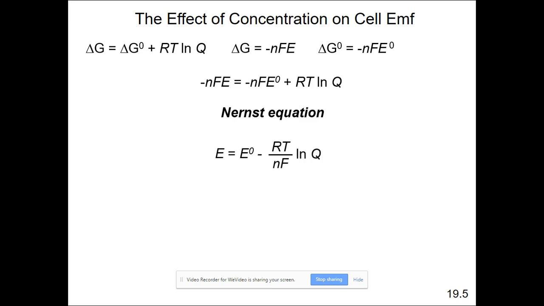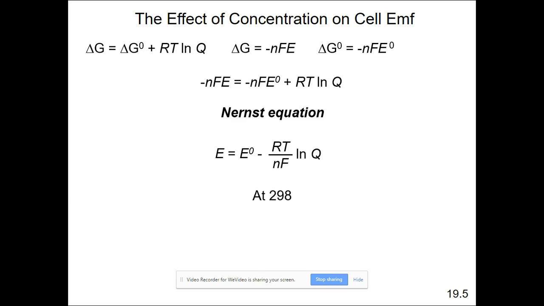It's saying that E is equal to E naught of the cell minus R times T over n times F times the natural log of Q, which again is the reaction quotient. And remember, the reaction quotient will be the concentrations or pressures of the products over the concentrations or pressures of the reactants.